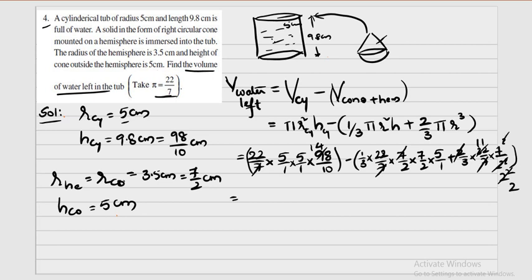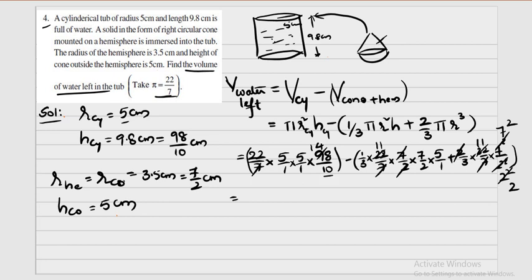This 7 in 7 cube goes 7 square times. Next here also, this 2 in 22 goes 11 times. Now what are the things that are left? 22 into 5 into 5 into 14/10. What do I get for that value? 22 into 5 into 5 into 14 gives me 7700, right?